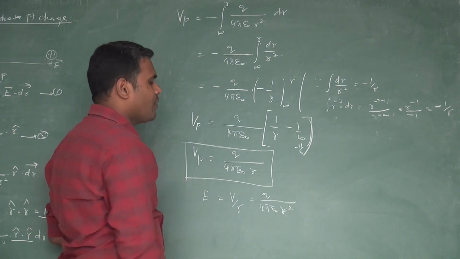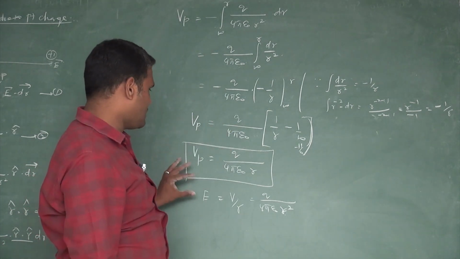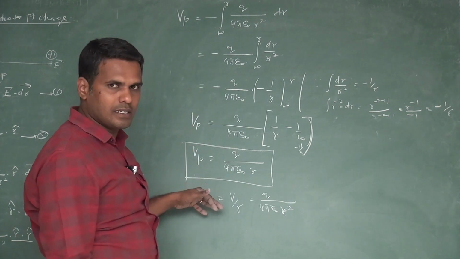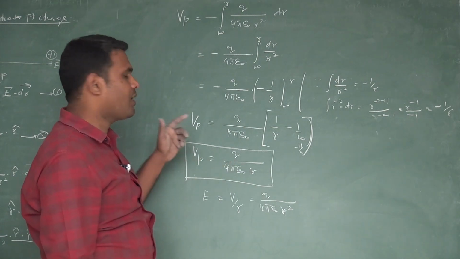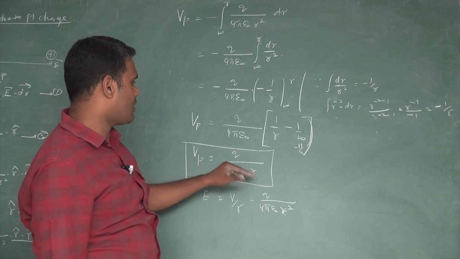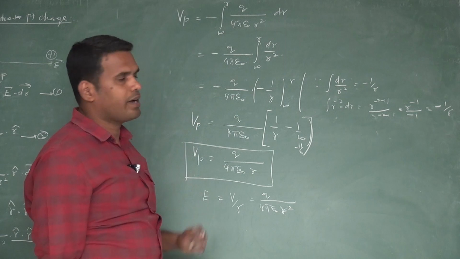You will get the value of electric field due to the point charge at the same point. So we can say here electric field varies inversely with r square at any point due to a point charge, whereas the potential varies inversely with r. So Vp equals q by 4 pi epsilon naught r. This is the expression which gives you the potential at any point due to a point charge.